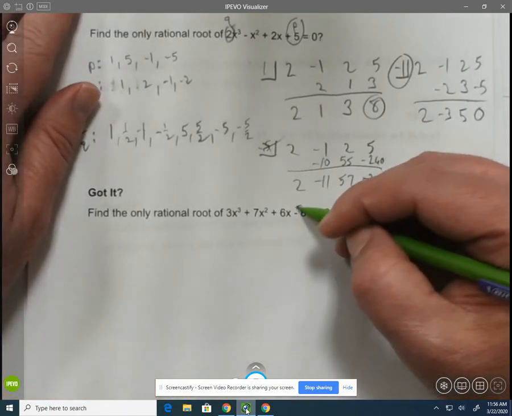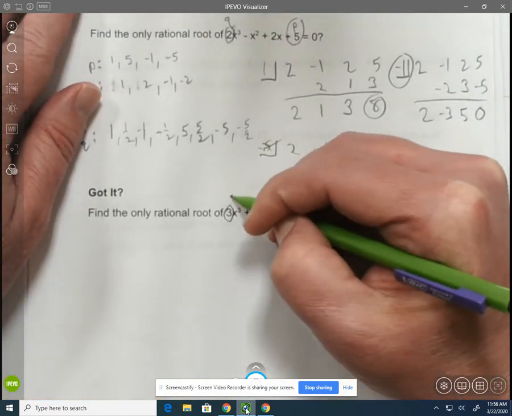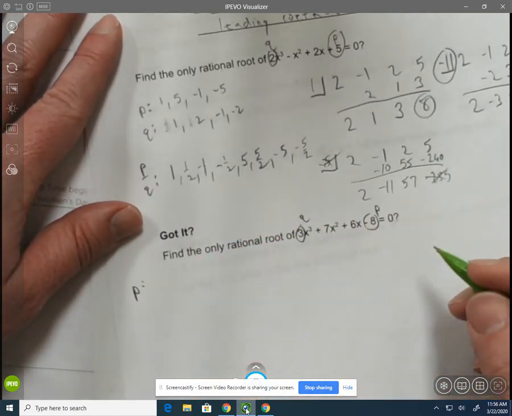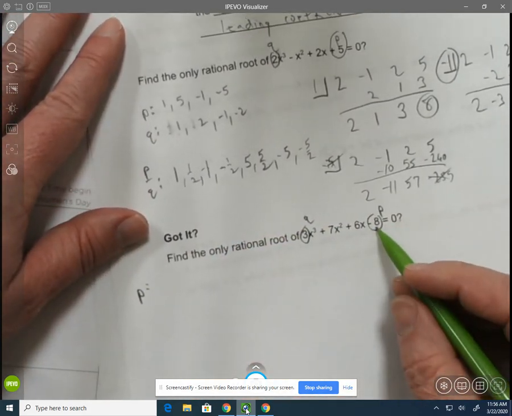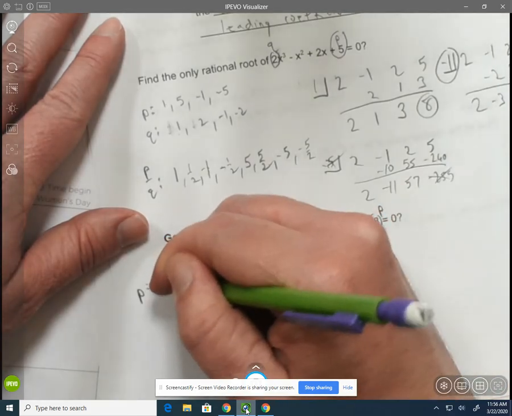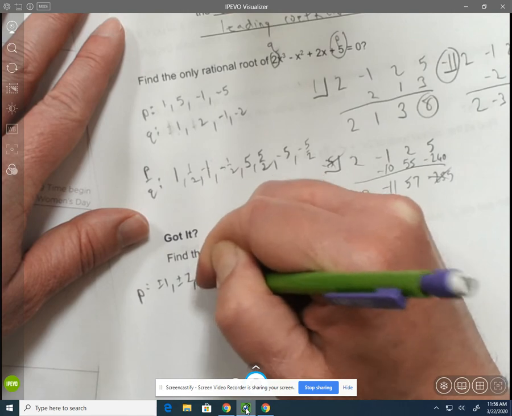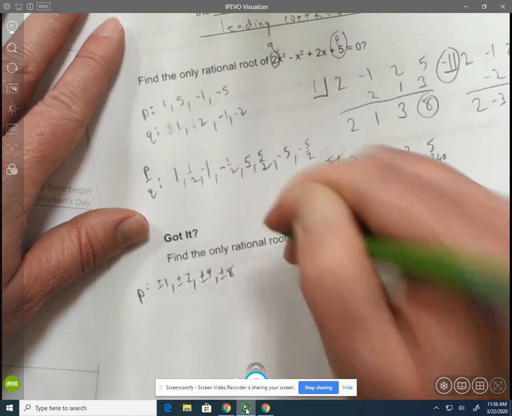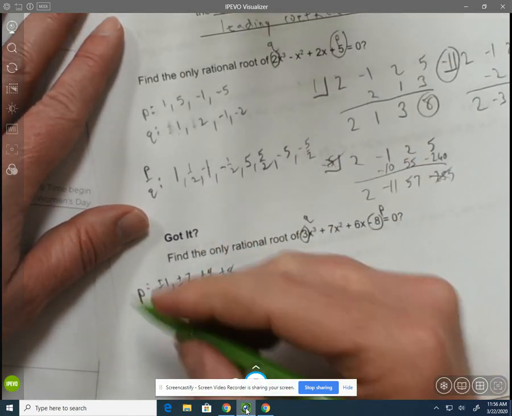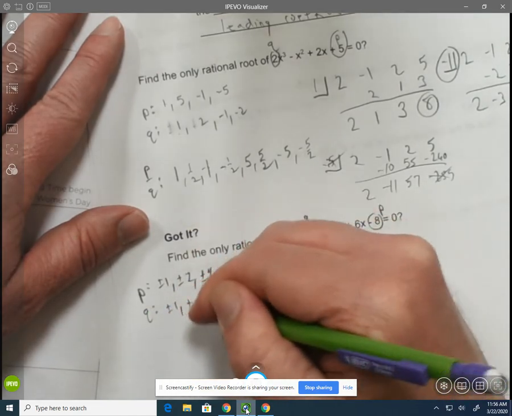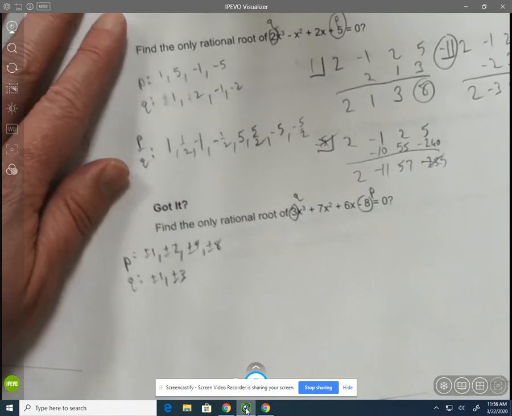So here's my P, here's my Q. Again, I'm going to coordinate my list a little bit differently. All the factors of -8 could be positive or negative 1, or 2, or 4, or 8. All the positives and negatives of those. And Q is either positive or negative 1, or positive or negative 3.